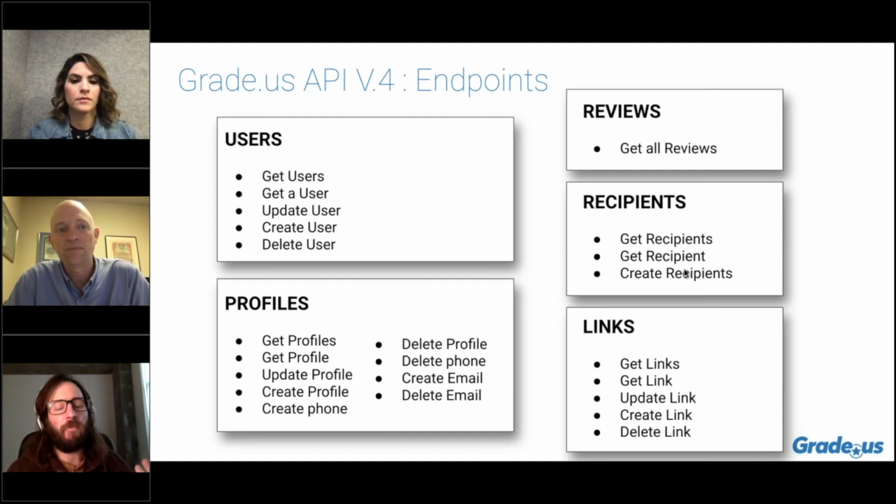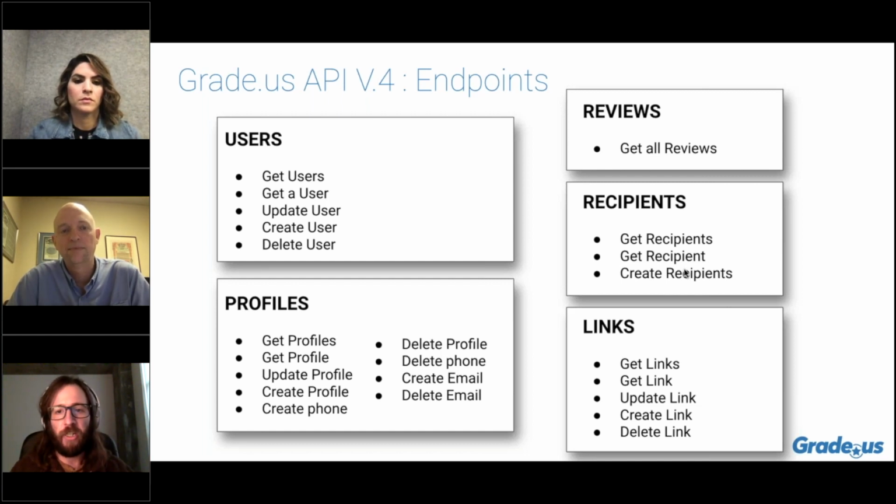I think that actually comes up the most when it comes to customers who want to automate the Grade Us system, which is like, all of the other components are the initial setup for a new client, which is exciting. But to your point, it's a one-time deal with a lot of it. With the recipients, once you connect that to your point of sale system, it could be a CRM. I know a lot of folks who use QuickBooks. If you have a new customer, you could probably connect it to the endpoint on QuickBooks' API of when they've paid their invoice, for instance.